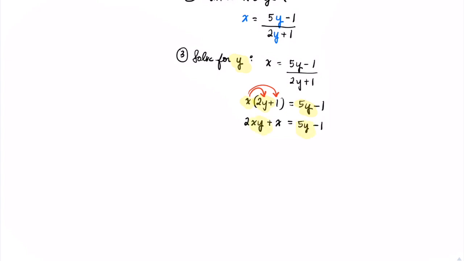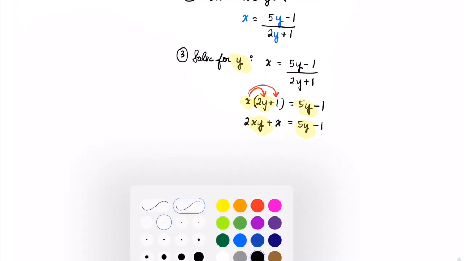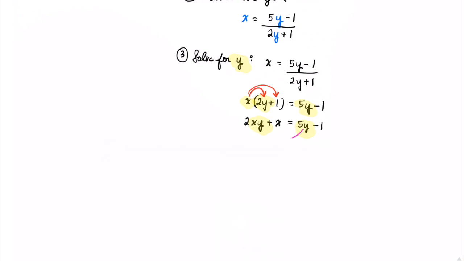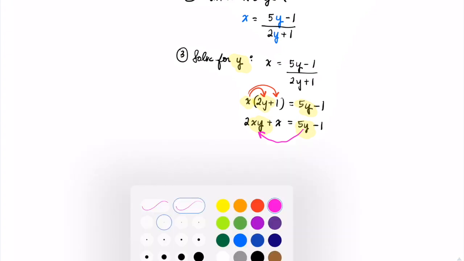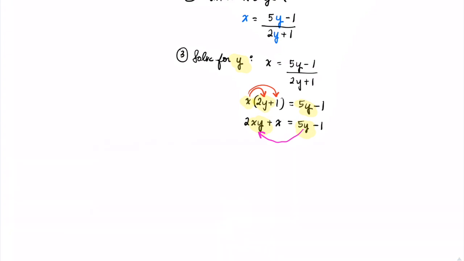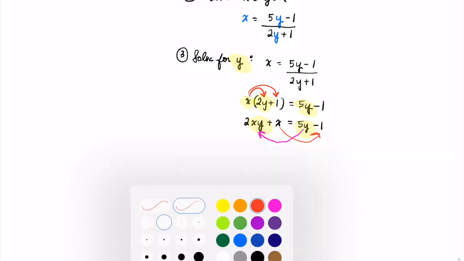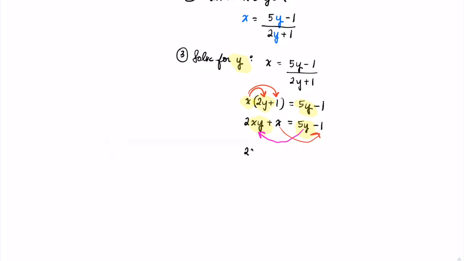What I'm going to do is move all terms with y in it to the left side and everything else will just go to the right side. When I do that, I get 2xy minus 5y equal to negative x minus 1. Now keep your eye on the prize.